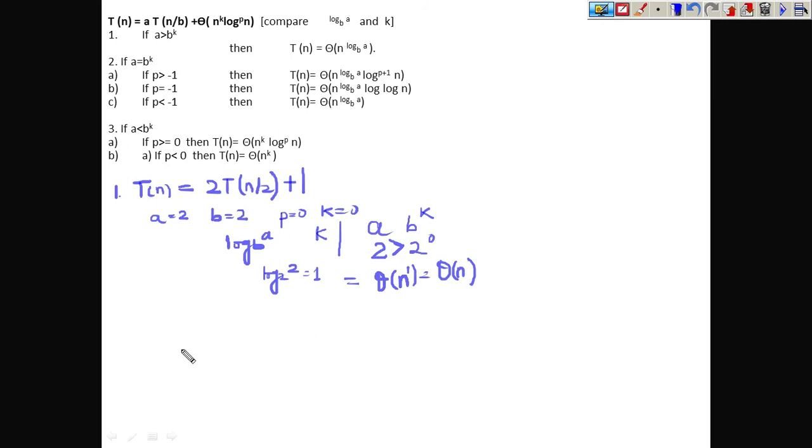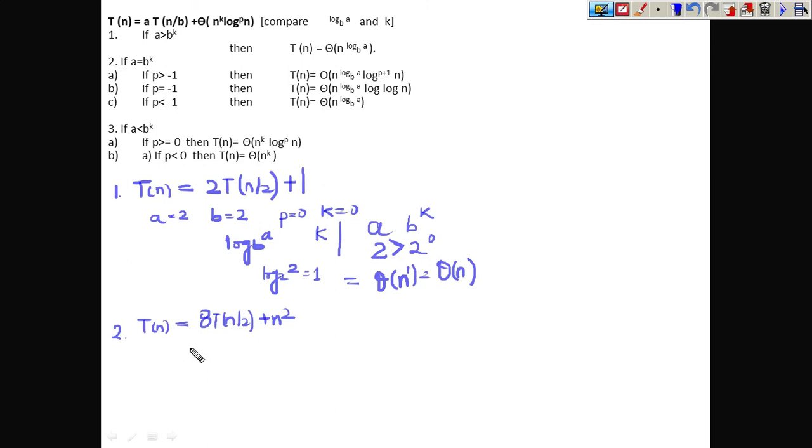Now let's take another example. Let's say the second example is T(n) = 8T(n/2) + n square. The very first thing is to check whether the master theorem is applicable or not.